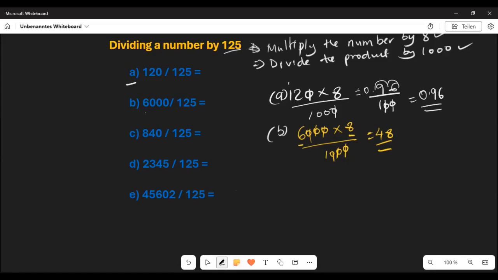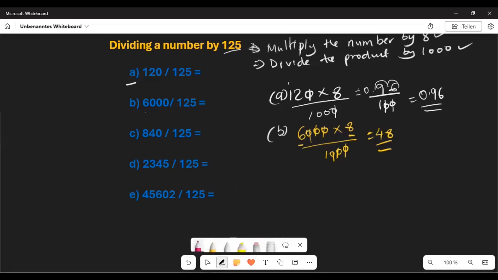Now let's look at another. I'll just take another pen for visibility. So let's look at 840. Sorry for that. So for this case, we have to multiply that by 8 and divide that by 1,000.